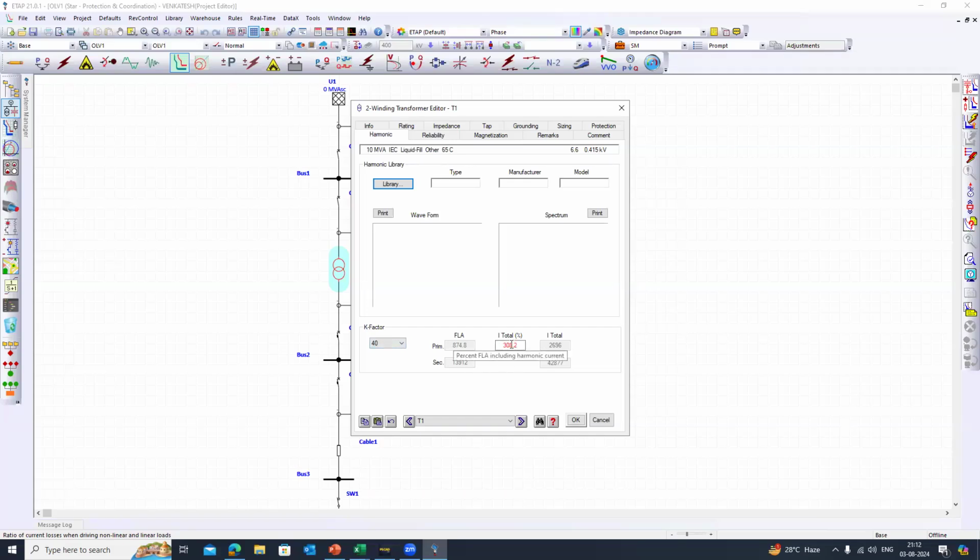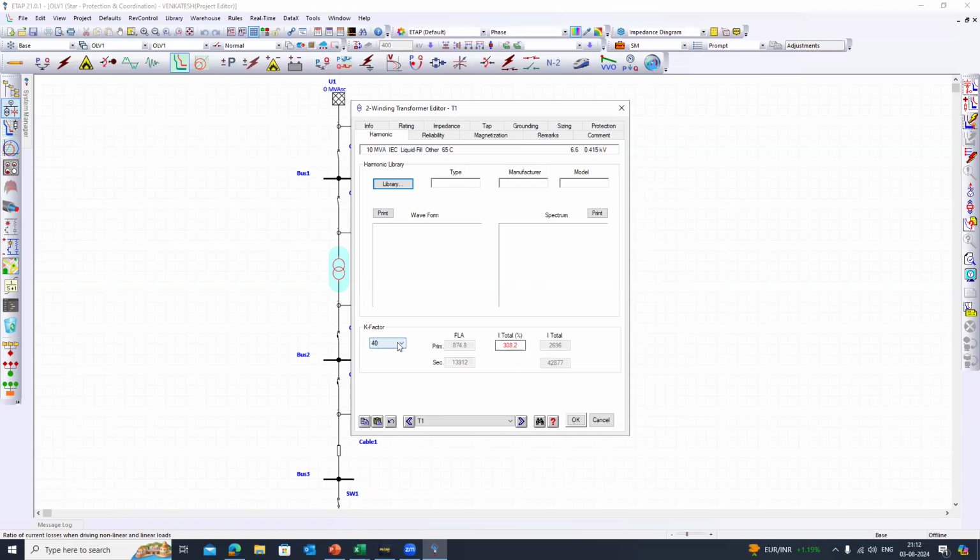In this case, we are changing the K factor, and the total percentage is increased. What is the rated current? The rated current is 874.8, right? When you include the K factor, it can withstand 2696 amperes.